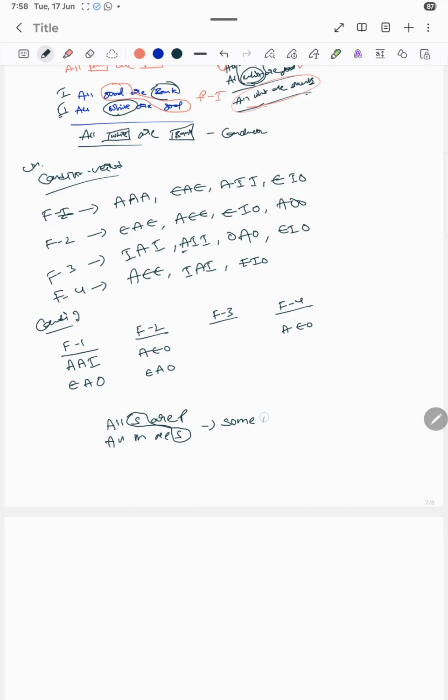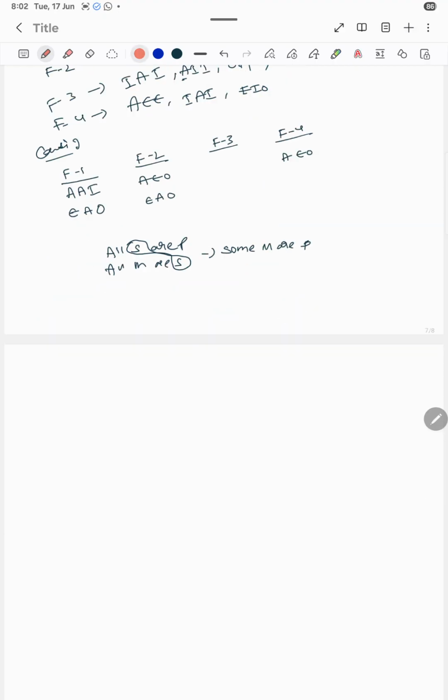So some S are P. Here the subject is existing, right? And the predicate is also existing.